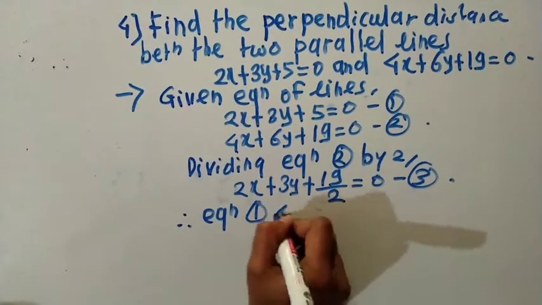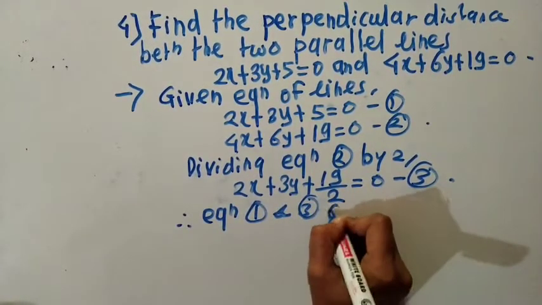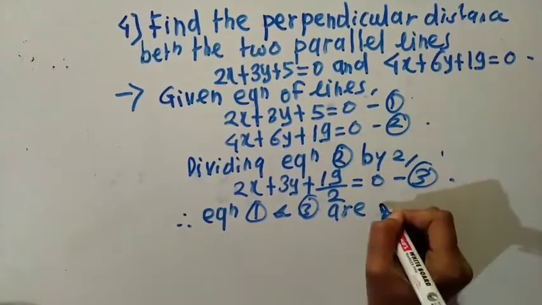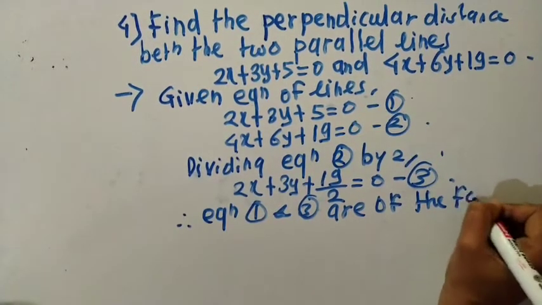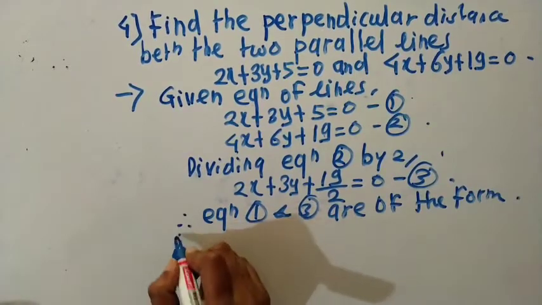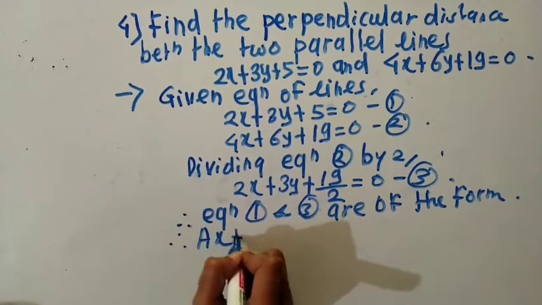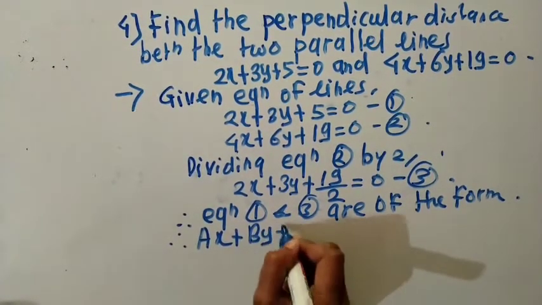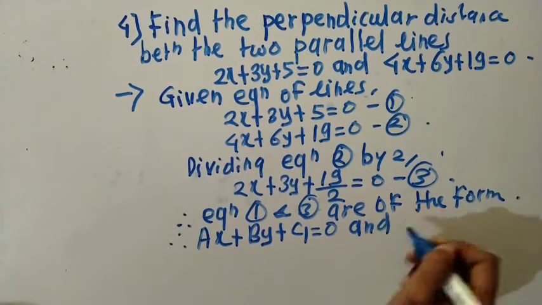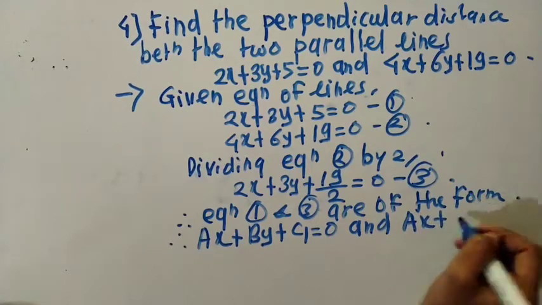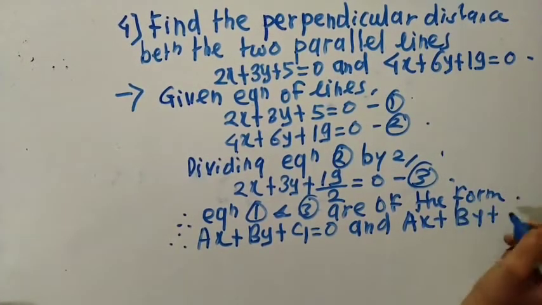Then equation 1 and 3 are of the form ax + by + c1 = 0 and ax + by + c2 = 0.